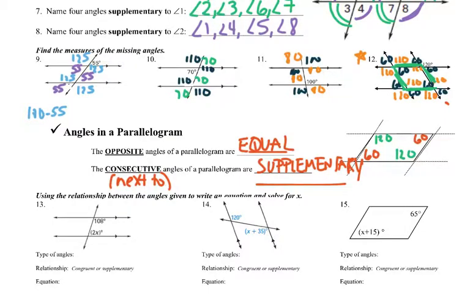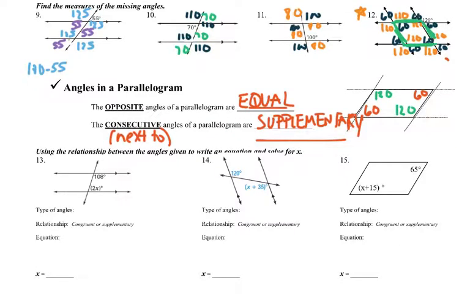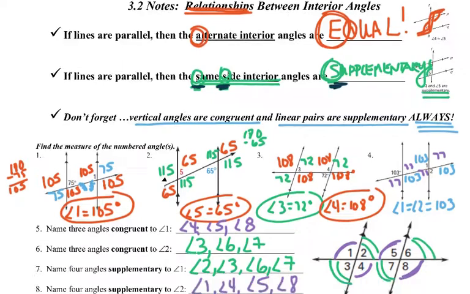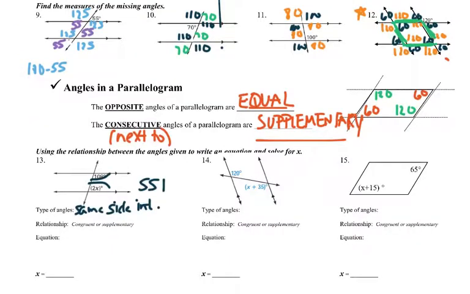For the last three problems, we're going to do some algebra. So I'm going to help you with this. What kind of angles are those two angles? Those are same side interior angles, or we'll end up abbreviating SSI, same side interior. And you'll remember from up here, we said the relationship was same side were supplementary. So the relationship is supplementary.